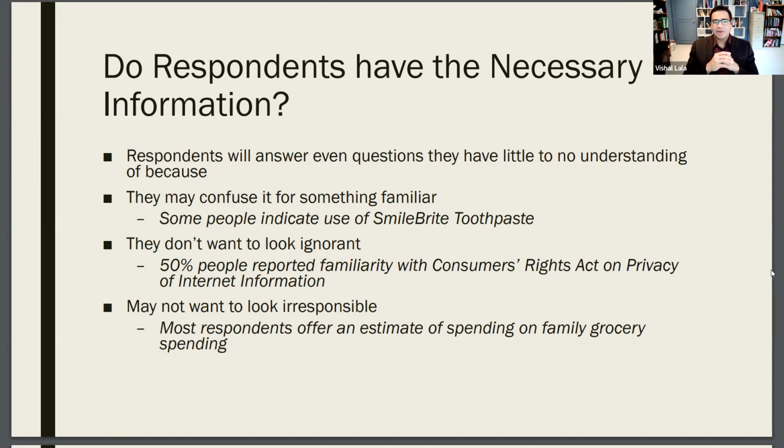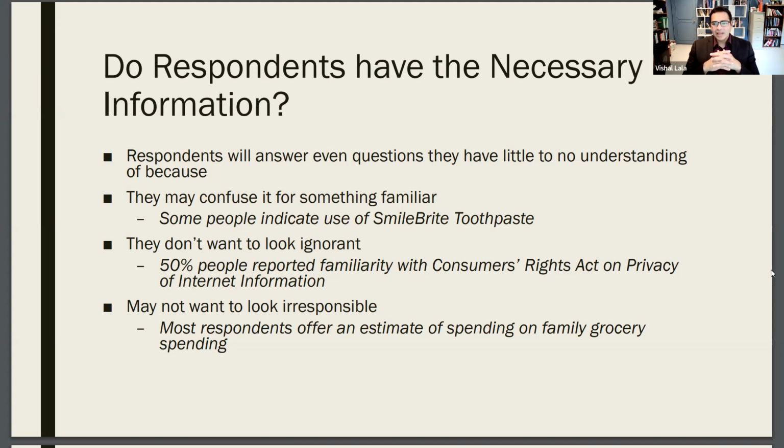Take, for example, people who were asked about Smile Bright toothpaste in a questionnaire. Many of them indicated using Smile Bright toothpaste. It turns out there is nothing called Smile Bright toothpaste, but it sounds like a familiar toothpaste. So people responded agreeing that they actually use this toothpaste.